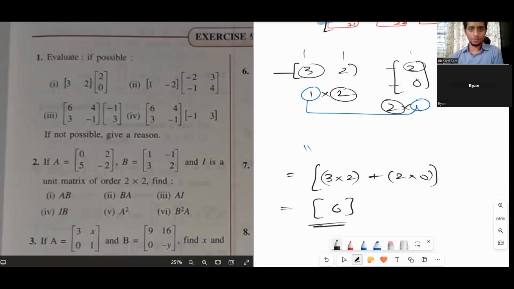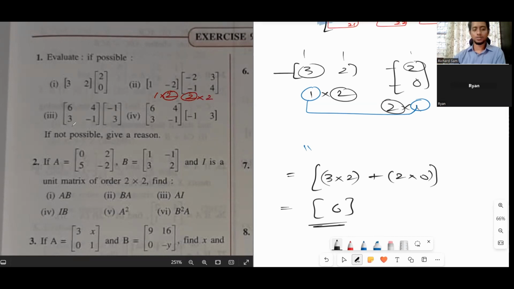Let's write it down here itself. Tell me the second one's order. So what is the order of this matrix? 1 by 2. This one? 2 by 2. So possible? Yes.